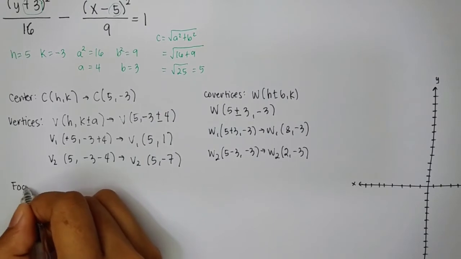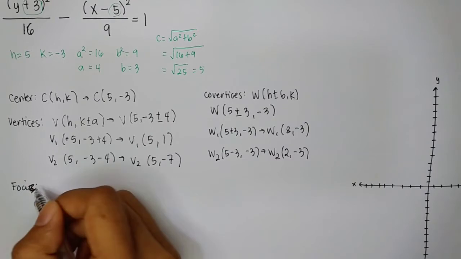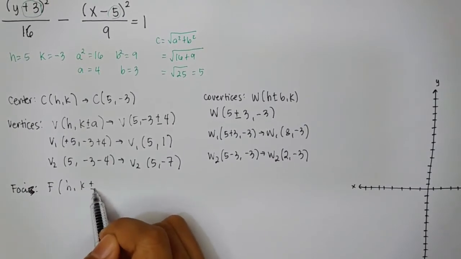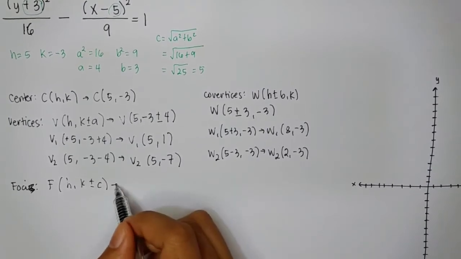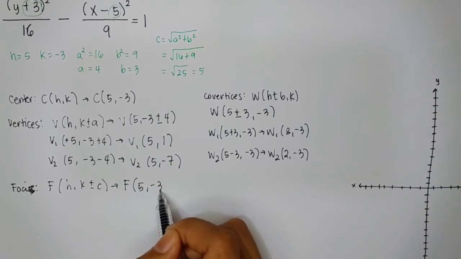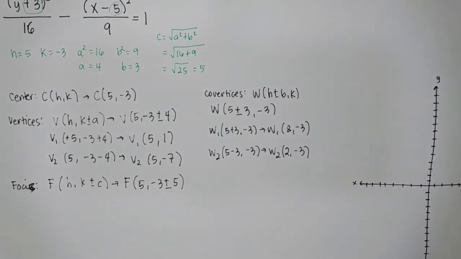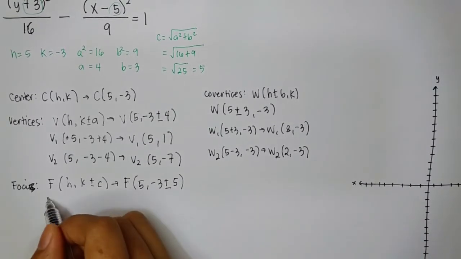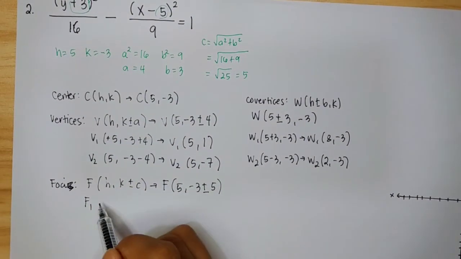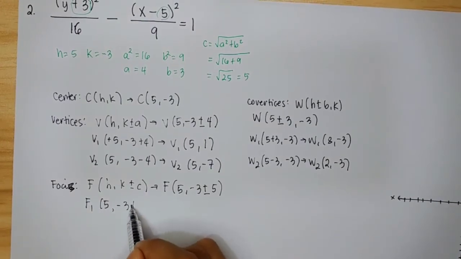Okay? Then, we will have our foci. Our foci, that will be F, H, K plus minus C. So, this will be F. Ano yung H natin? That is 5. Negative 3. Plus minus ano yung C natin? That is 5. So, yung F1 natin, that will be 5, comma, negative 3 plus 5.